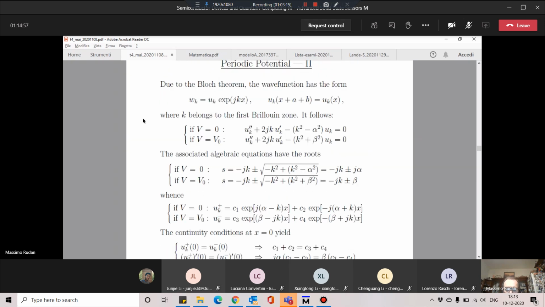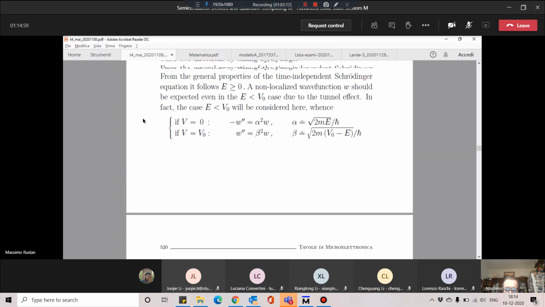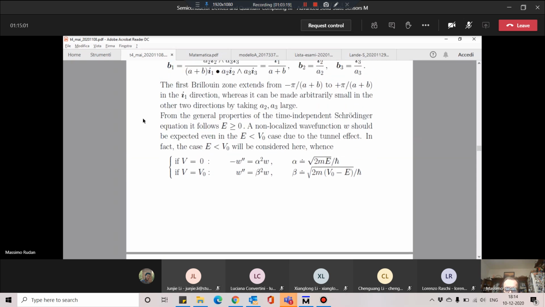If you go back to the definitions here, you see that alpha is proportional to the square root of energy, so it is independent of V0. Instead, beta is proportional to the square root of V0 minus E.